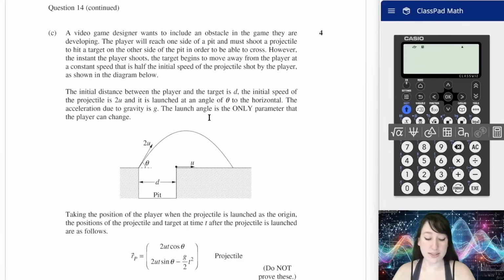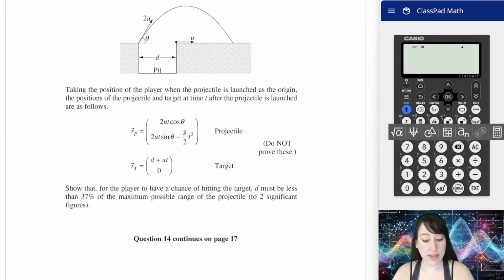The initial distance between the player and the target is d. The initial speed of the projectile is 2u, and it is launched at an angle of theta to the horizontal. The acceleration due to gravity is g. The launch angle is the only parameter that the player can change.